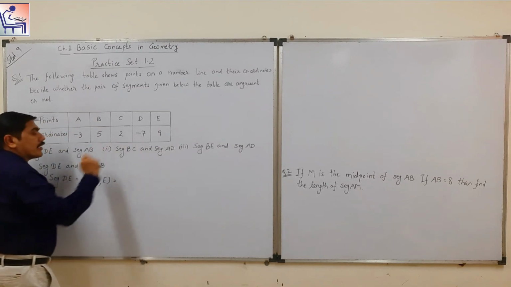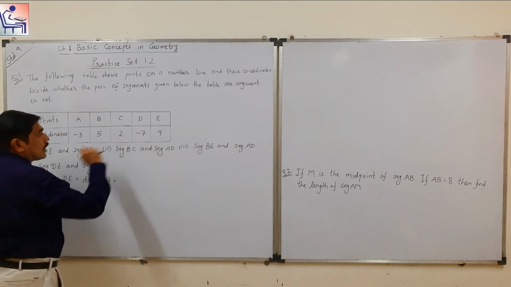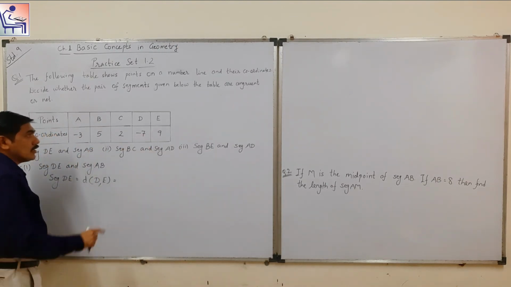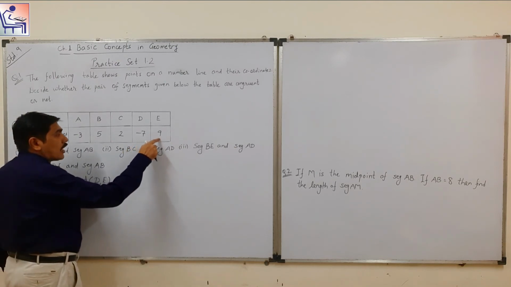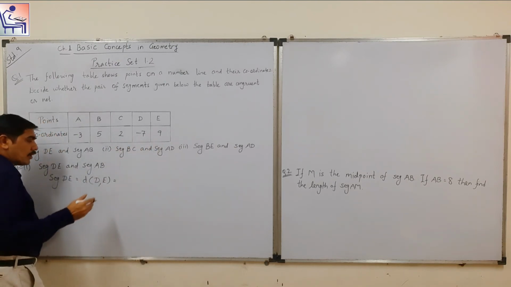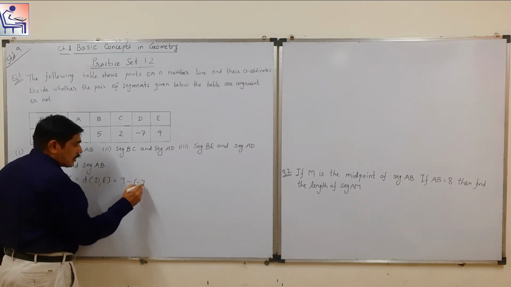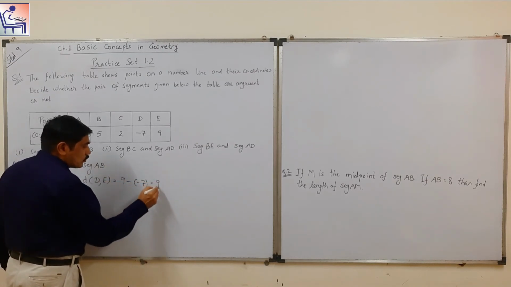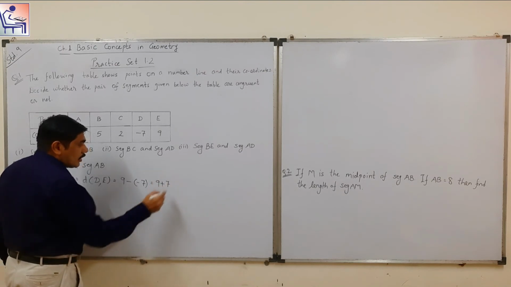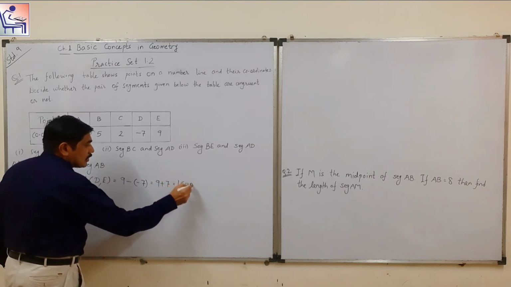The coordinate of point D is -7 and the coordinate of point E is 9. All positive numbers are greater than negative numbers, so 9 minus -7 is 9 plus 7, which is equal to 16 units.